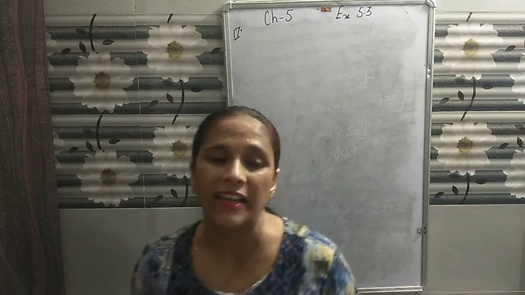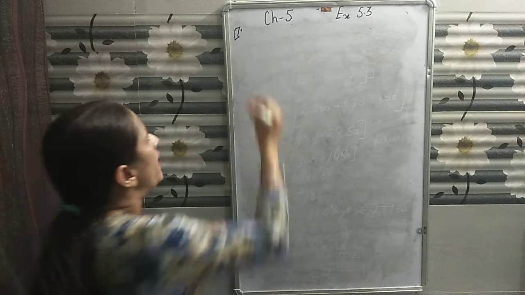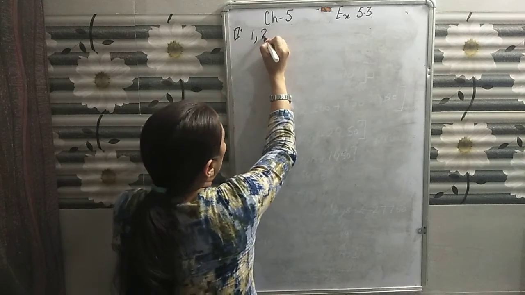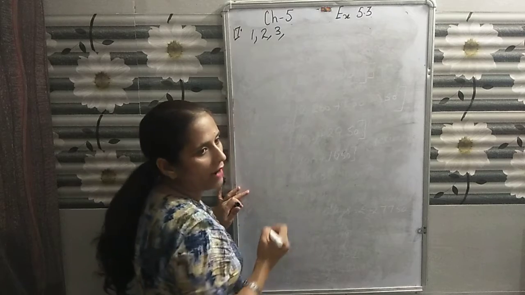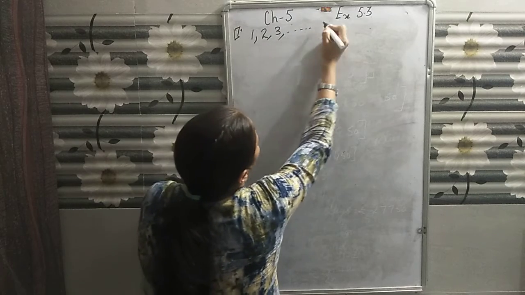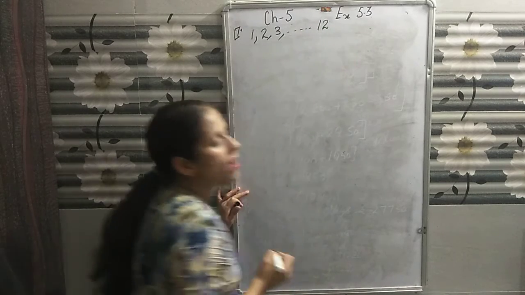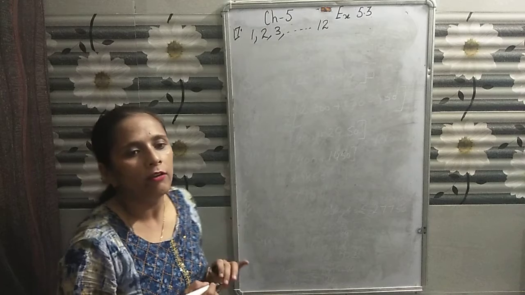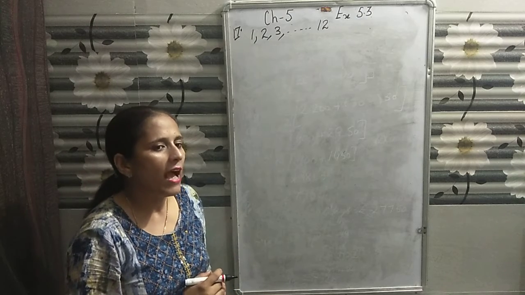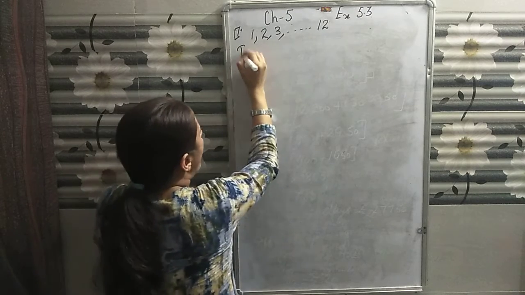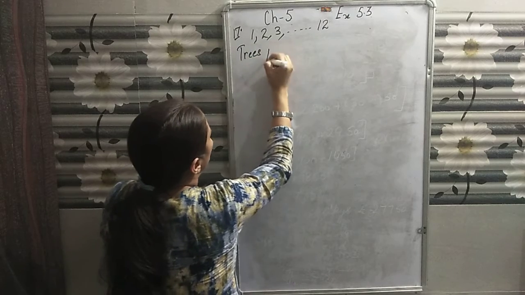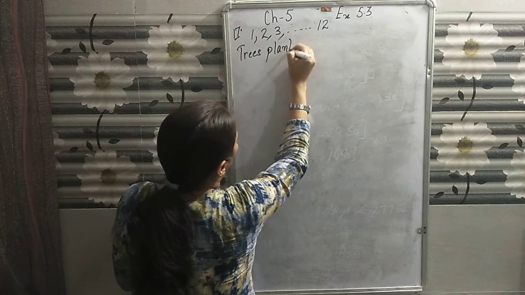That is, for class 1, 1 tree will be planted. For class 2, 2 trees will be planted. For class 3, 3 trees will be planted, and it will continue till class 12. So you have to find the trees planted for these classes, as you are having 3 sections. So first of all, I will find the trees planted for 1 section.